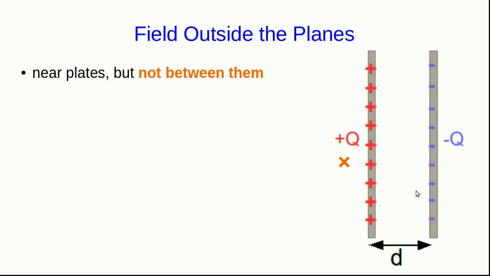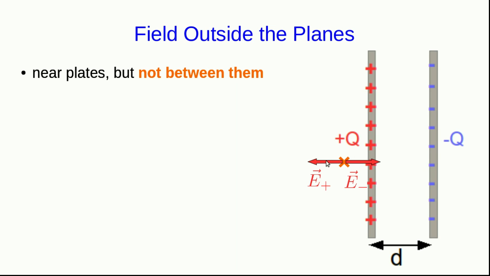What about outside? Outside the edges, things are complicated, but a place that isn't complicated is if you look near to the planes and outside them, like what I've marked here. At a place like this, the positive plane, once again, is producing an E field that is away from it, and the negative plane is still producing an E field that points towards it.